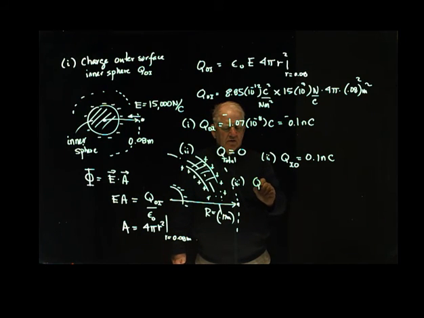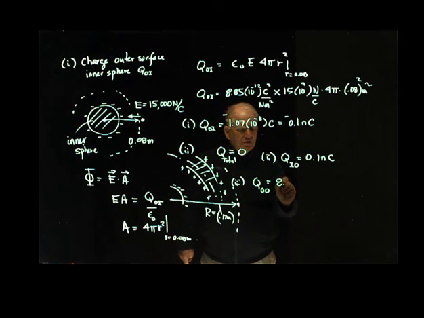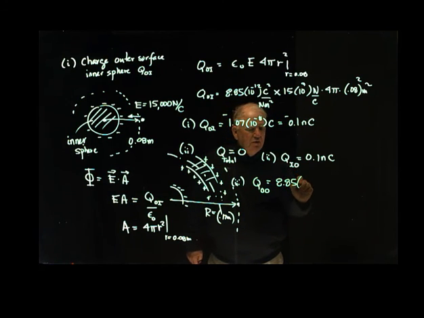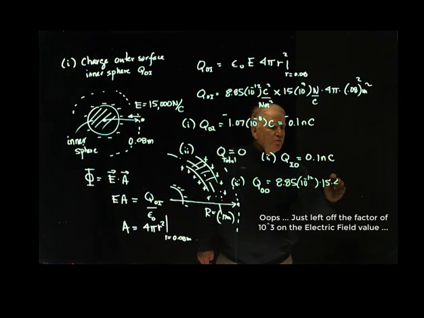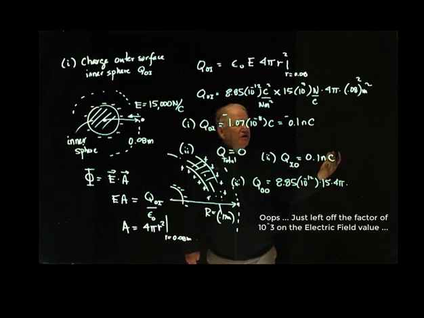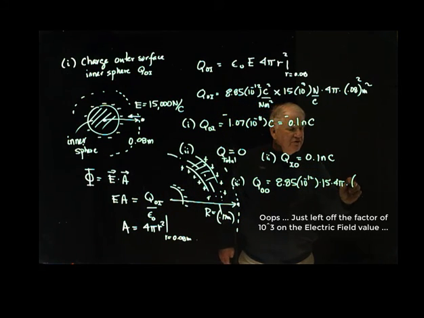You'll see the exact same calculation. In fact, let me write it down. The outer surface of the outer sphere is, I'm just going to put the numbers down now and not carry along the units. We've done this enough. 8.85 times 10 to the minus 12, times 15, times 4 pi, times, now in this case, instead of 0.08, we're out at 0.17 squared.